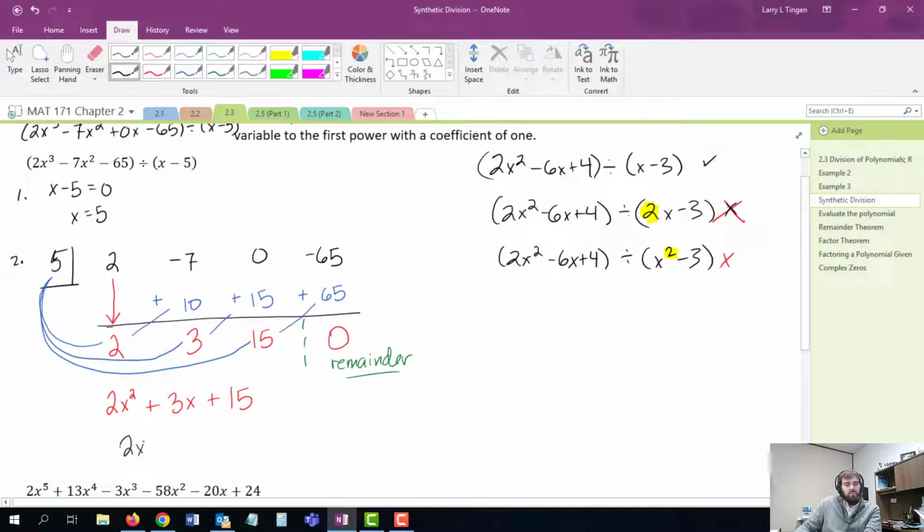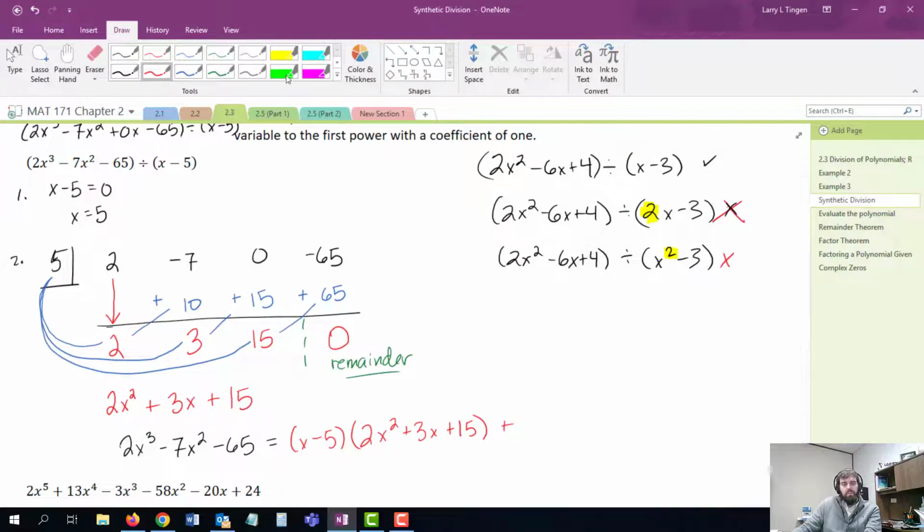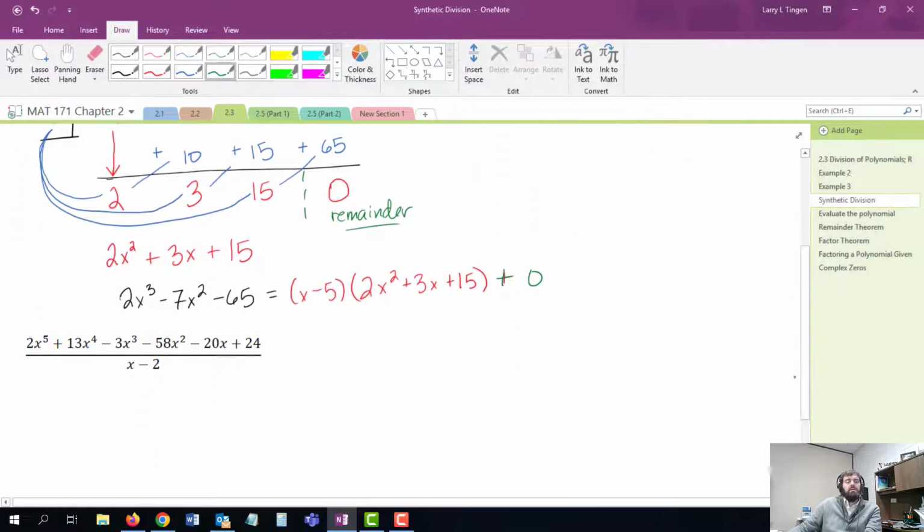My original problem, 2x cubed minus 7x squared minus 65 is equal to the divisor, which is x minus 5, times the quotient, 2x squared plus 3x plus 15 plus the remainder, which is 0. So we don't have to write that, but there it is anyway.